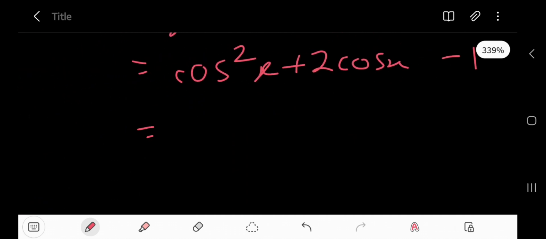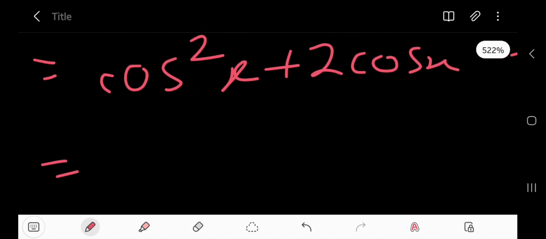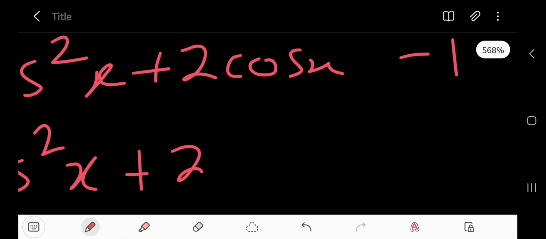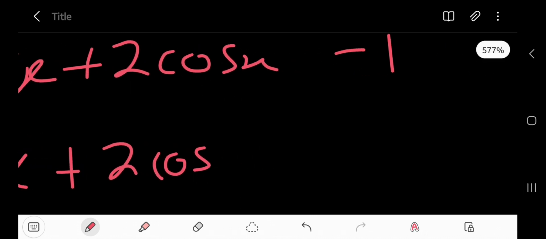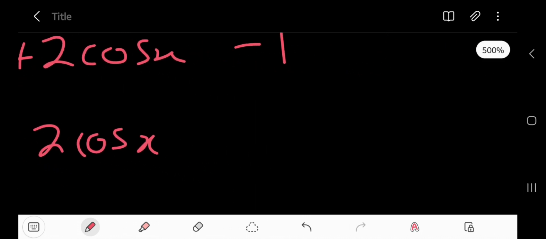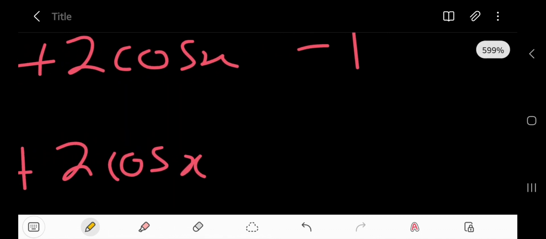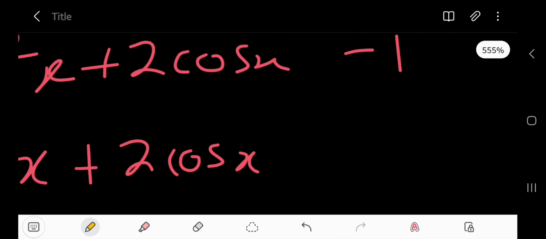Completing the square, this is how you approach it. You rewrite the thing as we have it: cos squared x plus 2 cos x, right? And now I'm going to use a different color for this, because we are marinating. We're not actually changing the expression, but we're marinating it.